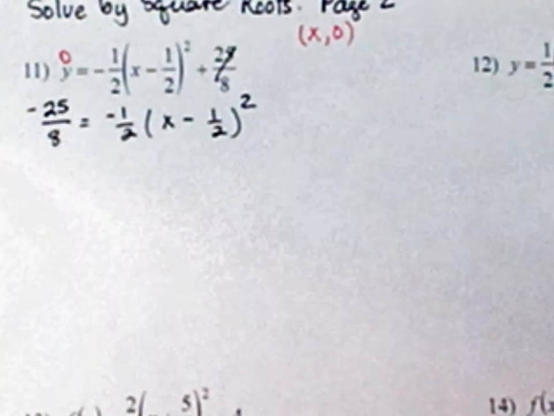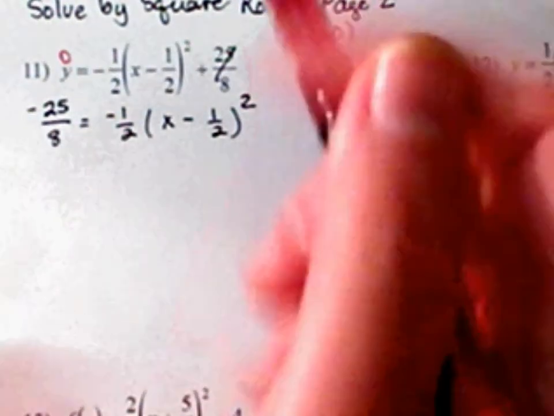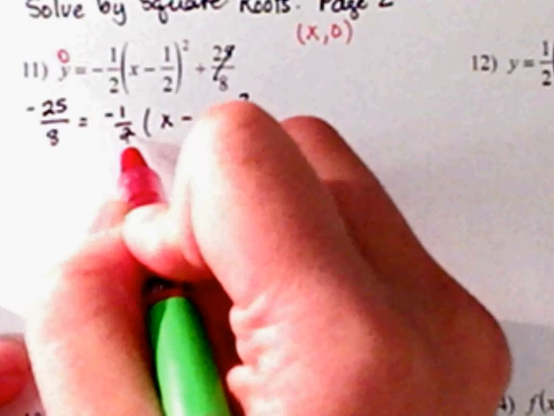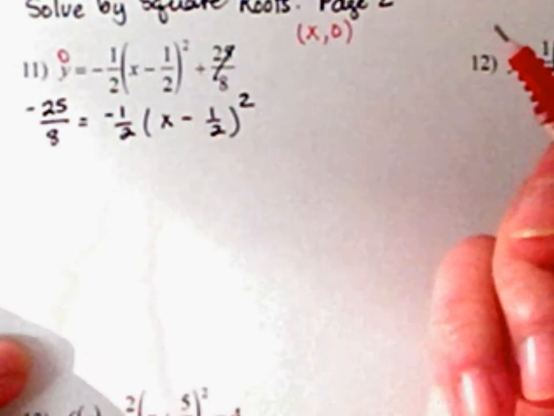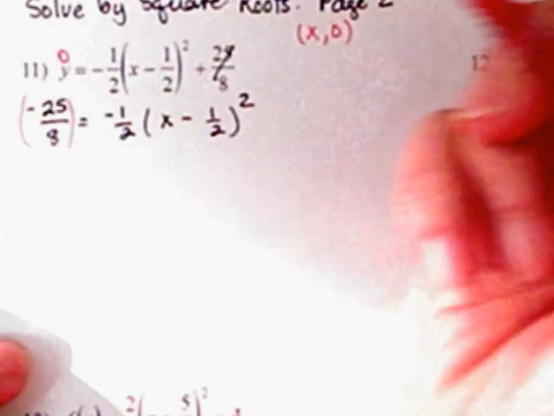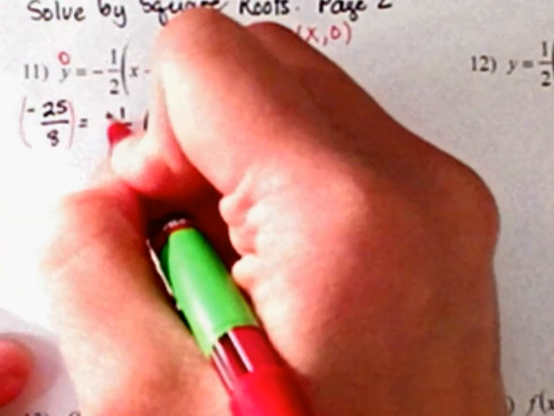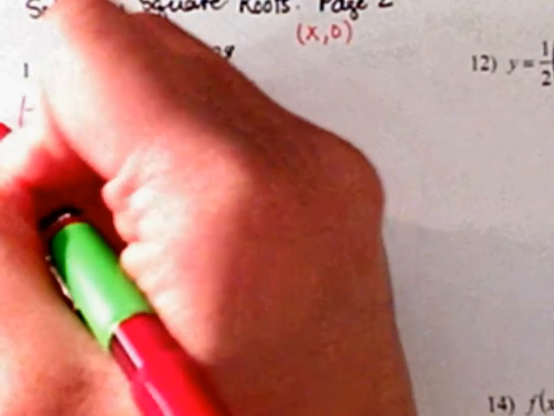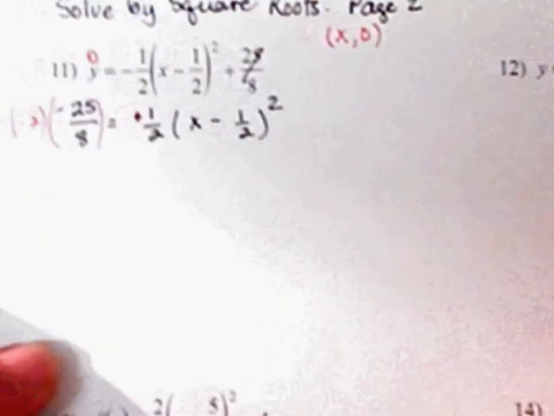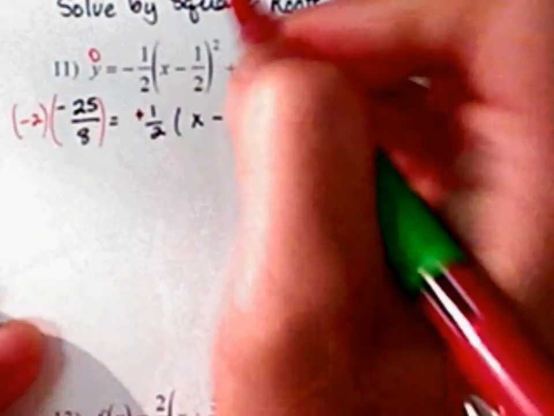Next step, if you notice, this is dividing by 2. What's the opposite of dividing by 2? Multiplying by 2. Now, instead of multiplying by 2, I'm going to get rid of this negative, so I'm going to multiply by negative 2. When you do that, you get rid of this.